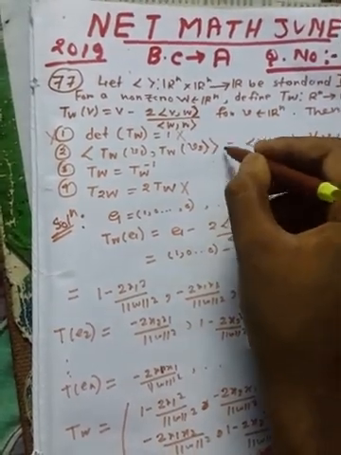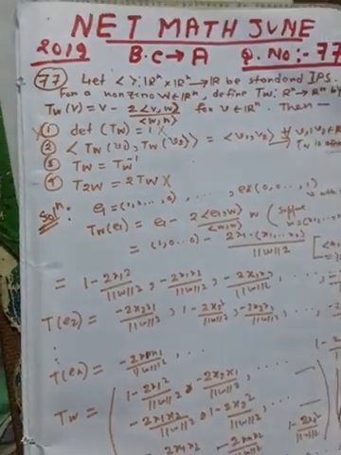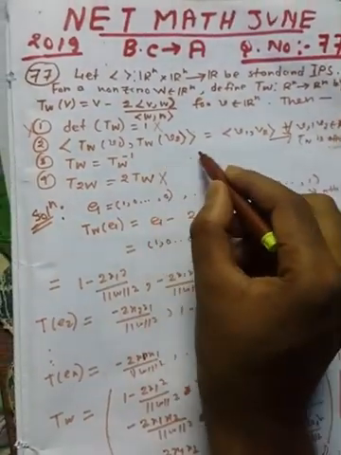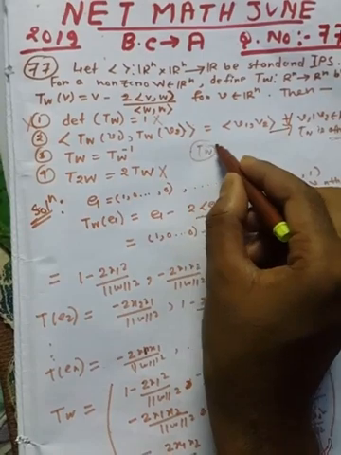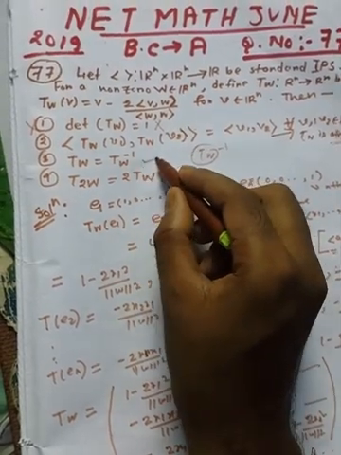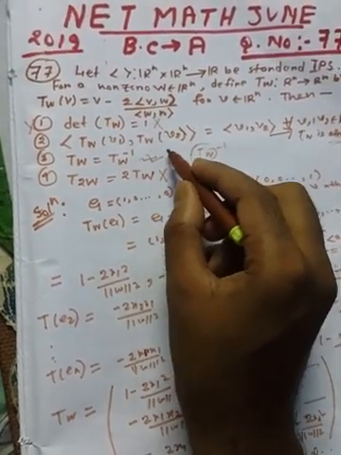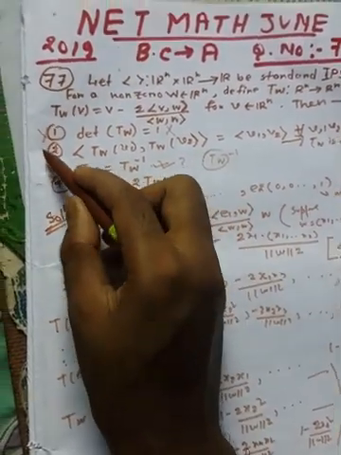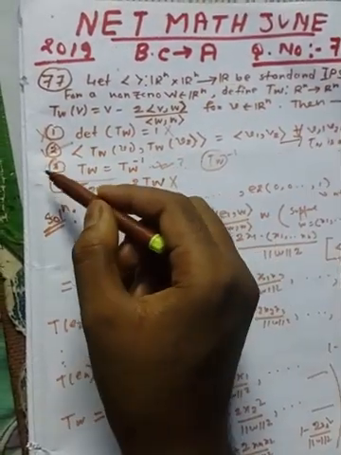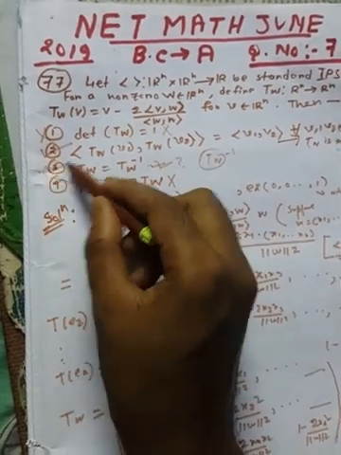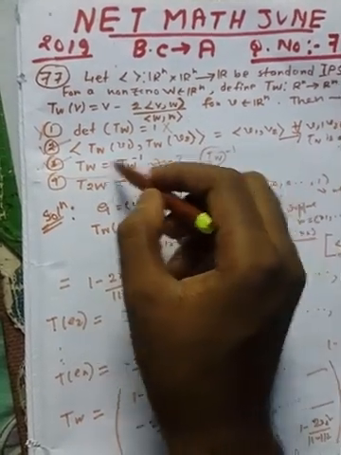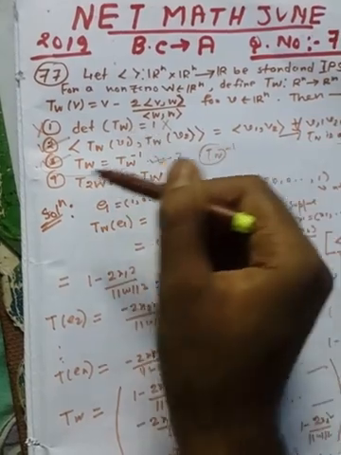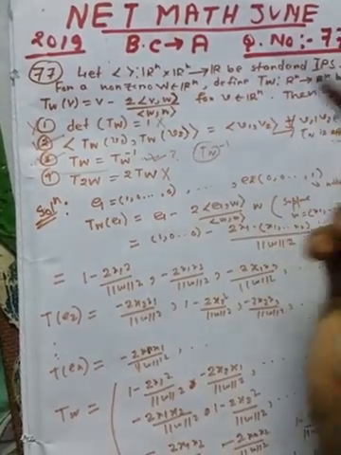But in these two there is a confusion, because if TW inverse exists then they are equal, so this may be correct or incorrect in this sense, and this is obviously correct. So if it exists then it is correct, and if it does not exist then this is an invalid option.